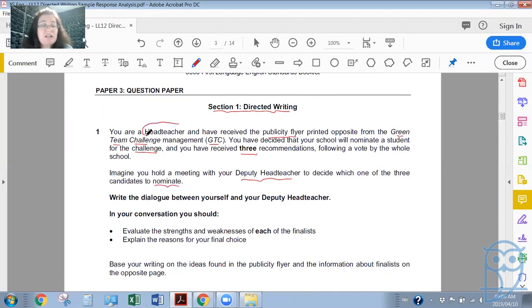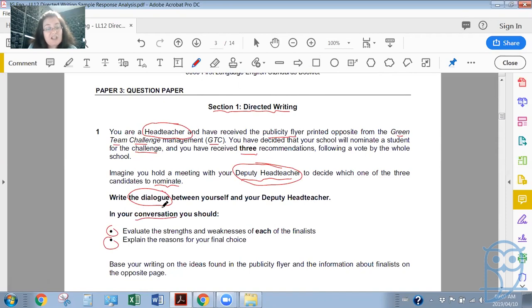It's you, the head teacher, and your deputy head teacher. You're the ones that have to make the ultimate decision. What are you going to have to do? You're going to have to write the dialogue, right? The dialogue between yourself and your deputy head teacher. Now, of course, we haven't read the leaflet yet, so don't worry, we're going to do that. But keep in mind that with these kind of directed writing questions, you have to have a certain number of focuses, and here there are 2 bullet points to focus on.